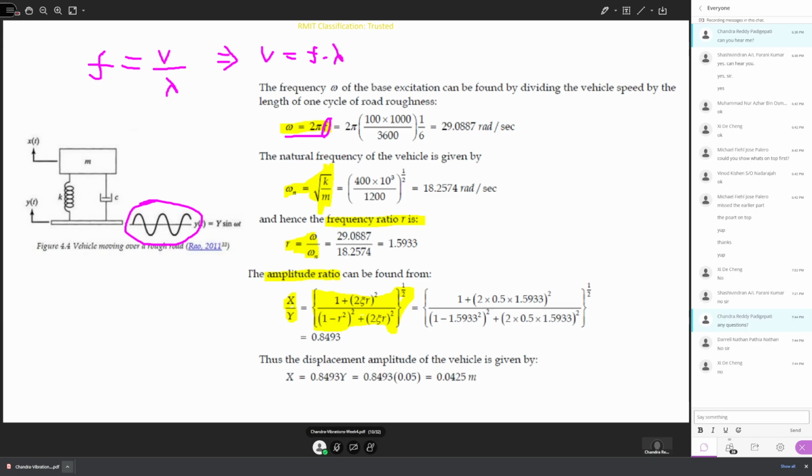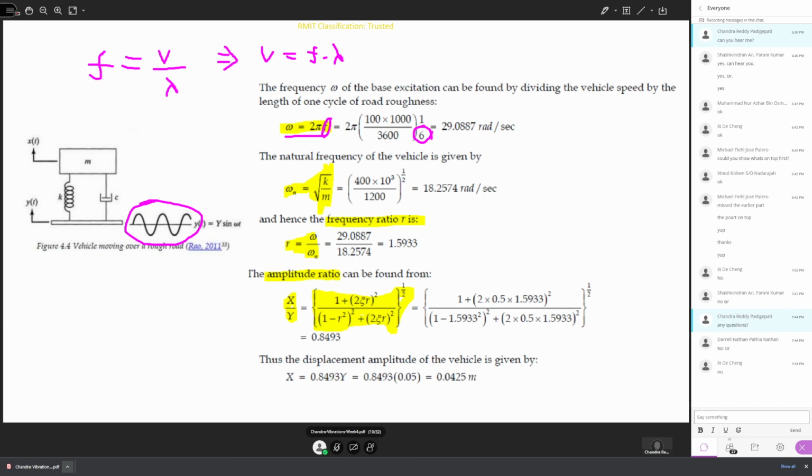Here we know the velocity and we know lambda, therefore we are calculating the frequency. So f equals v over lambda, where lambda is the wavelength, which is 6. The velocity of the vehicle is 100 kilometers per hour, so you convert into meters per second by multiplying 100 with 1000 meters over 3600 seconds.